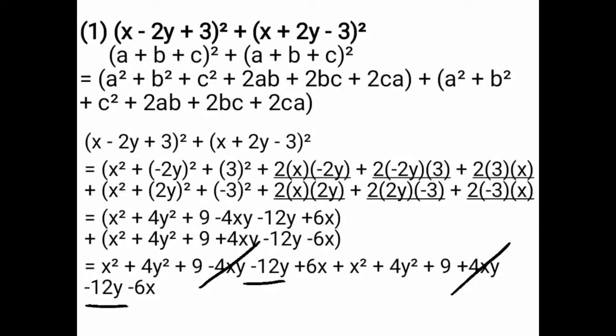Minus 12y minus 12y is minus 24y. Plus 6x minus 6x get cancelled because 6 minus 6 is 0. After solving the like terms, the final answer is 2x² + 8y² + 18 − 24y.